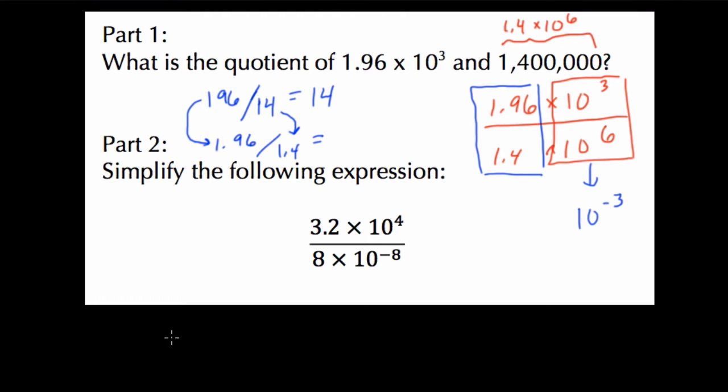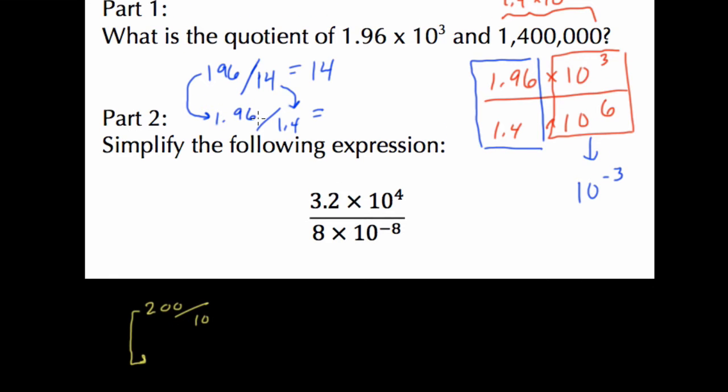What's a good example? Let me see. So if I have 200, here's an example of this, 200 divided by 10. If I take 200 and I divide that by 100, like I did here, I know I divided by 100 because the decimal moves over twice, I would get 2, right? And what's 2 divided by 10?